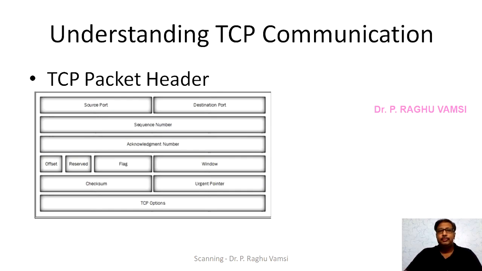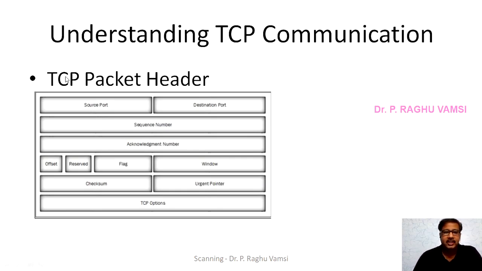So, in view of this, it is very important to understand TCP communication. In the TCP communication, the first and foremost thing that we need to understand is the TCP packet header.